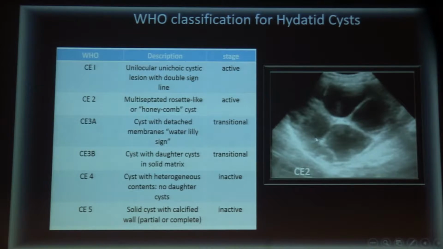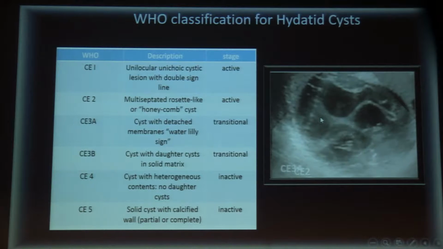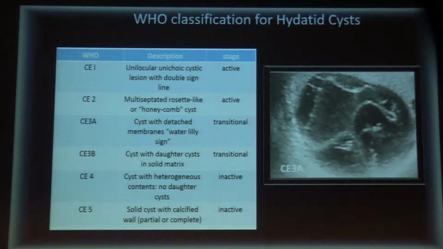Category 2 is a multiseptated or a honeycomb-looking cyst, also active. Category 3 are those cysts which have floating membranes within them. We call it the water lily sign. These are transitional between inactive and active.